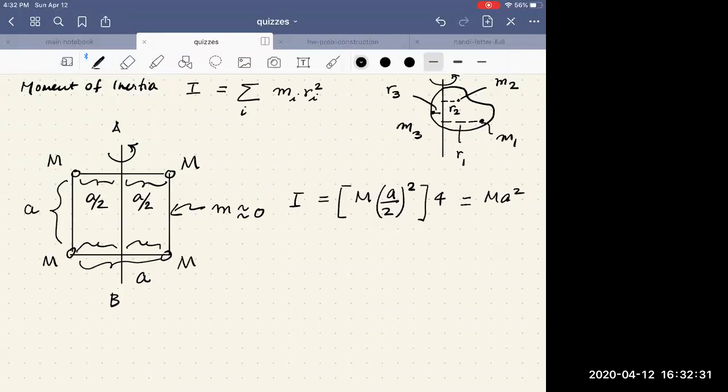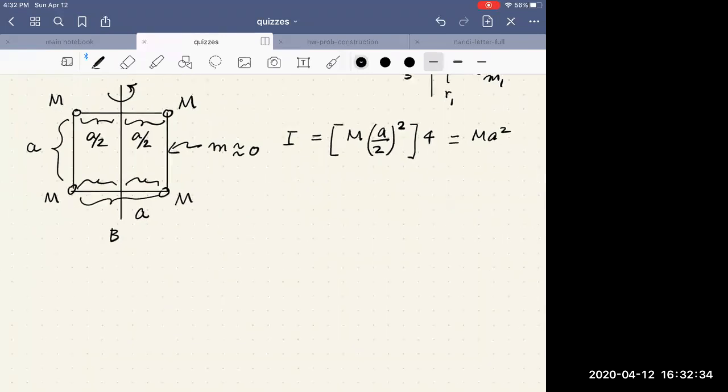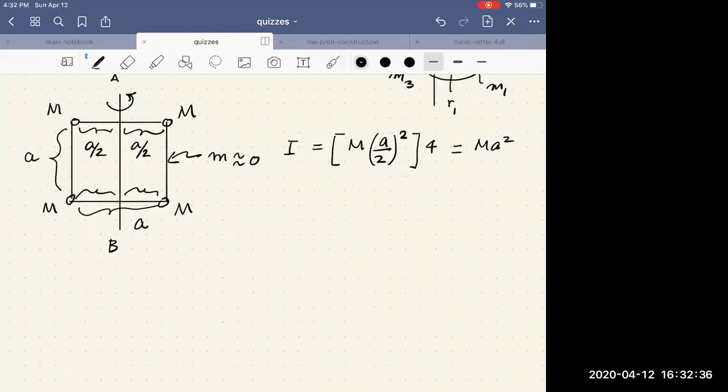Now the axis does matter though. So for example, if I take the same object that I just took, let's say I took these 4 masses, and now instead of the axis I had, I run an axis like so. So now you see things will change a little bit, because 2 of the masses are sitting right on the axis itself.